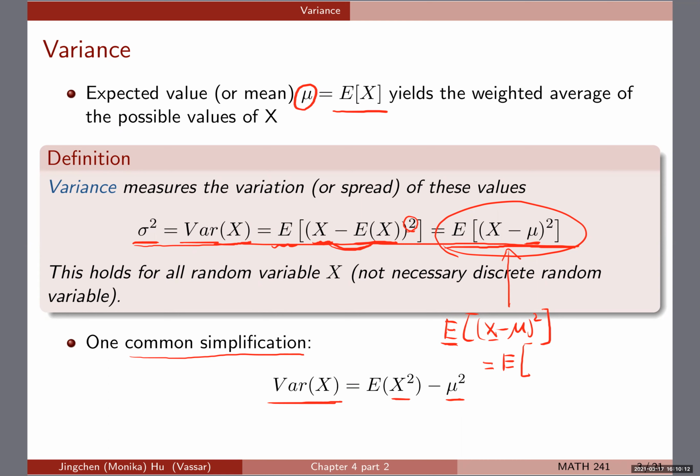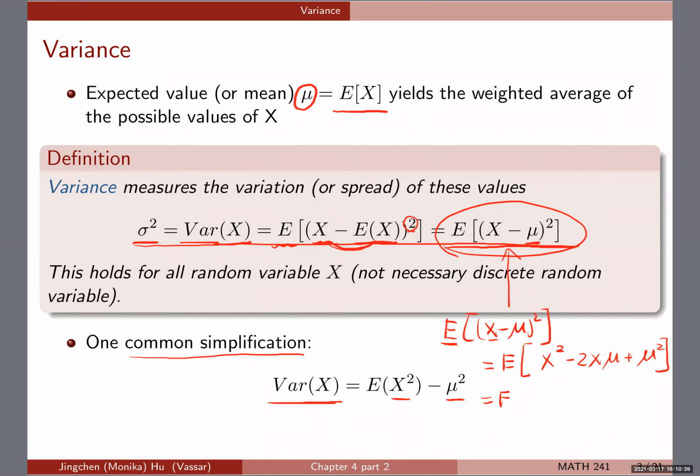But before that, let's expand the square term. We expanded the square term: it is X squared minus 2X mu plus mu squared. Like I said, the expectation is taken with respect to X, so here we have a linear function of X and X squared in this case.